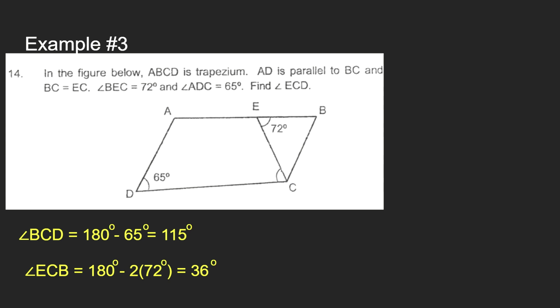With that, we can find angle ECD, which is 115 degrees minus 36 degrees equals 79 degrees. And with that, we have solved the question.